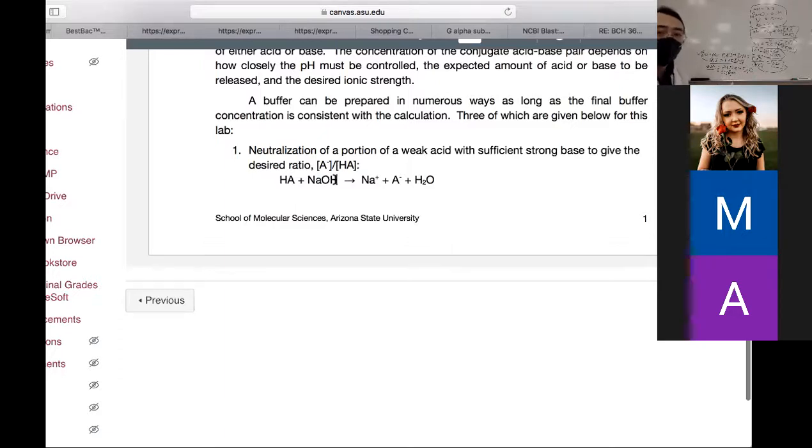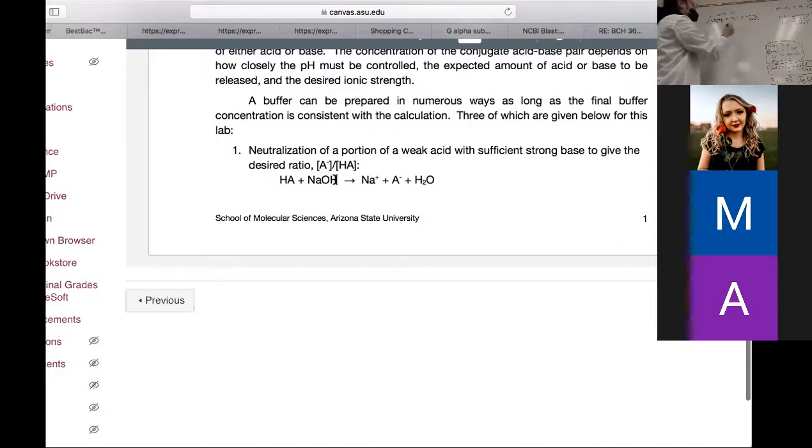This is very useful because when we are calculating for method 1, we know this already, but we don't know the amount of strong base we need to add. The concentration of the strong base you need to add is actually equal to the final concentration of the weak base.